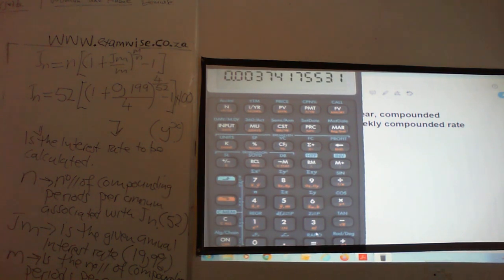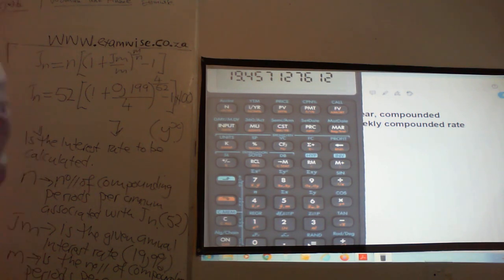Then after that we need to multiply by 52, and then equals to. Then we can multiply by 100 to express it as a percentage, and then equals to.